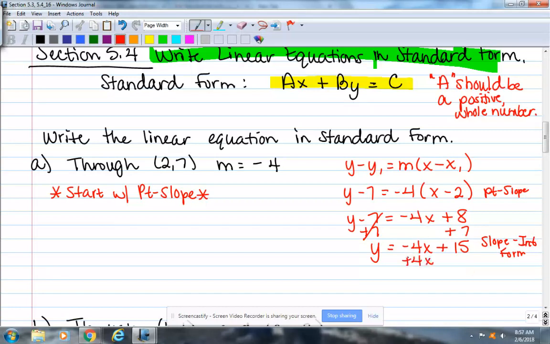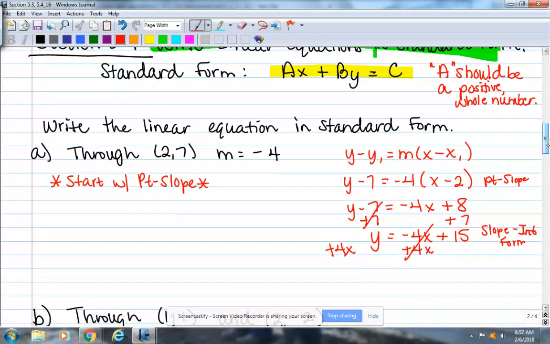Add 4x, and I'm going to stick it in front. And x's and y's are not like terms with each other, are they? No. So this is just going to be 4x plus y equals 15. And there's ax plus by, there's a 1 for b, equals c. It's in standard form. Boom.